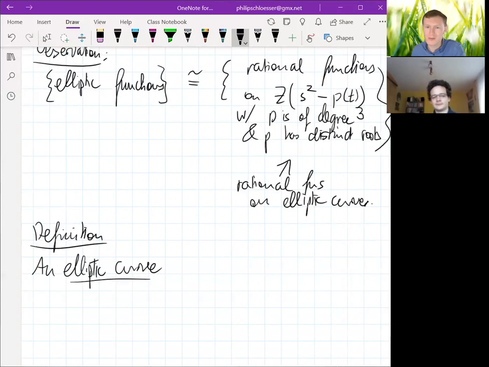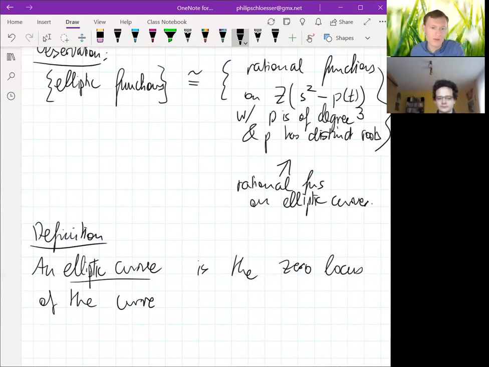For our purposes, we're going to write it as the zero locus of the polynomial z squared minus t cubed plus at plus b, which is called the Weierstrass normal form of that elliptic curve.